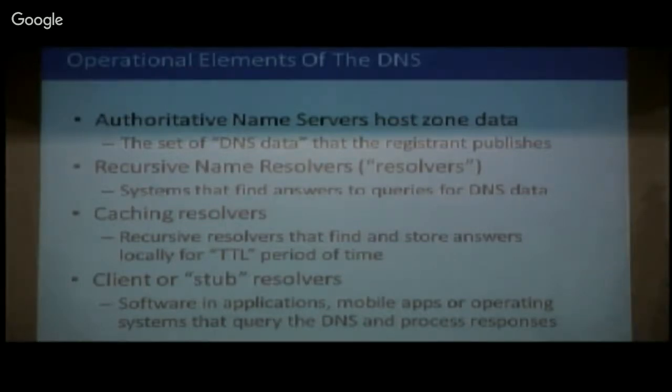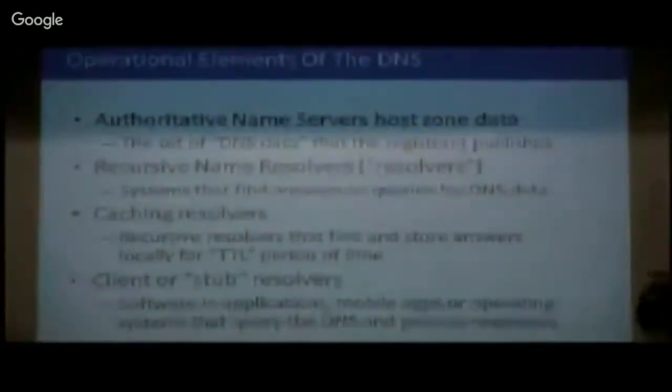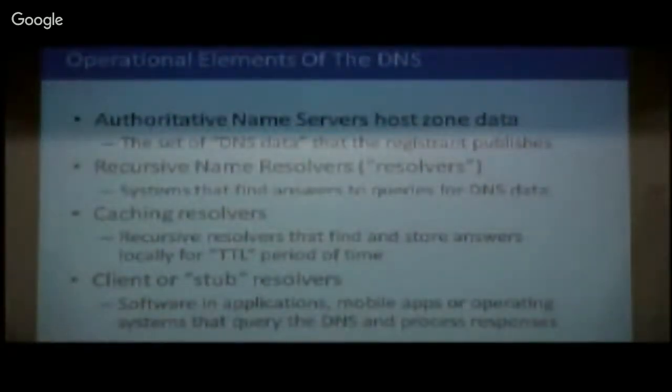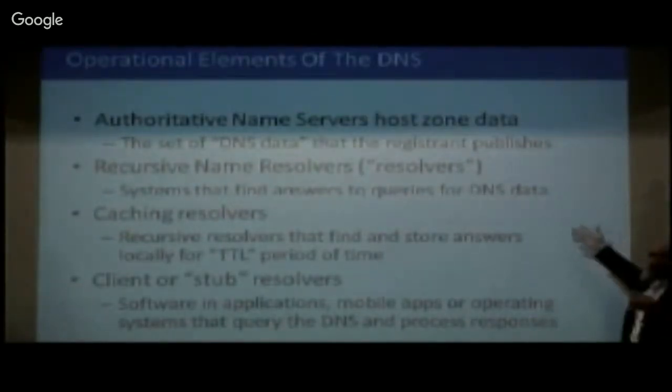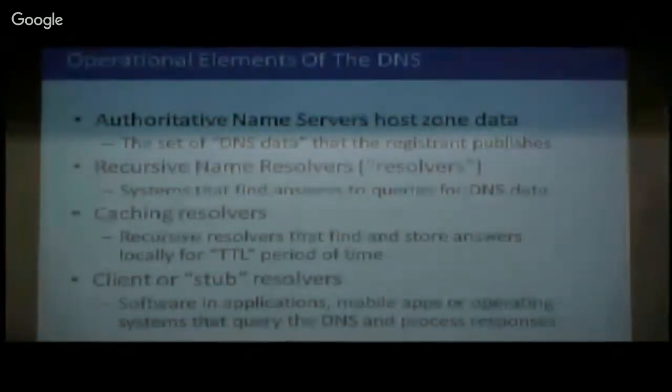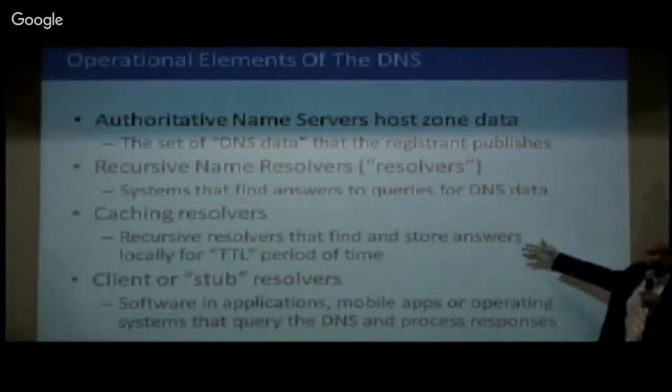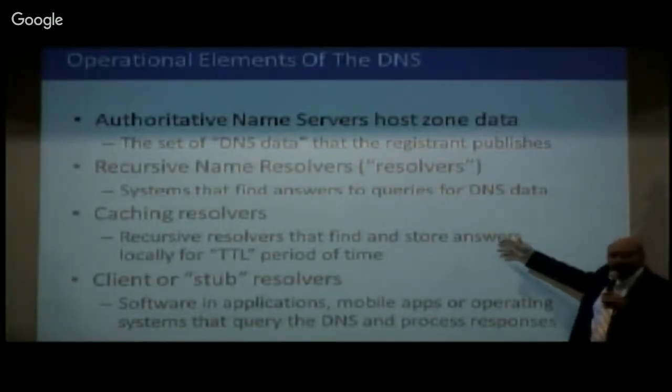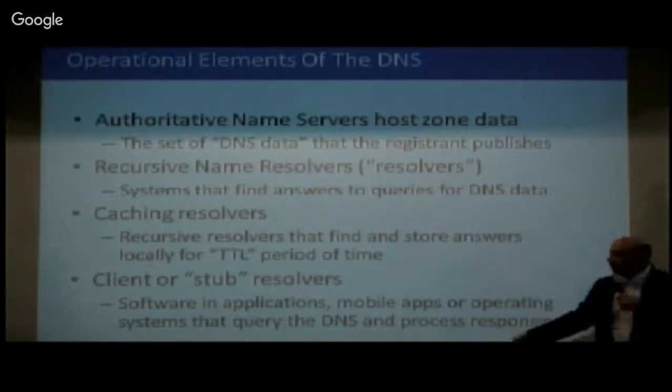Okay. The recursives are where we go to ask questions. Those of you who are old enough to remember directory assistance in the telephone network, these are the directory assistance operators. Everyone asks what are called resolvers questions, and then the resolvers provide answers. There's a special kind of resolver that I'll talk about a little later called a caching resolver.